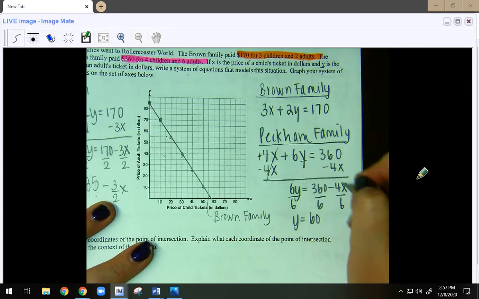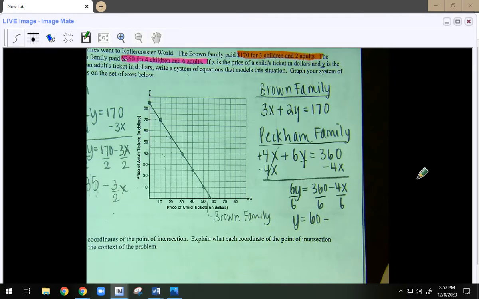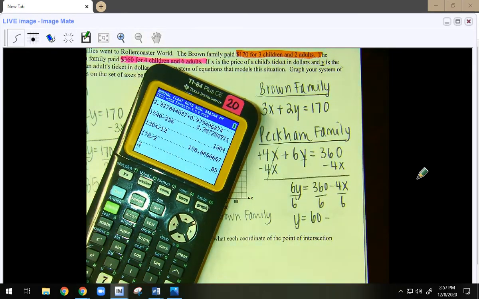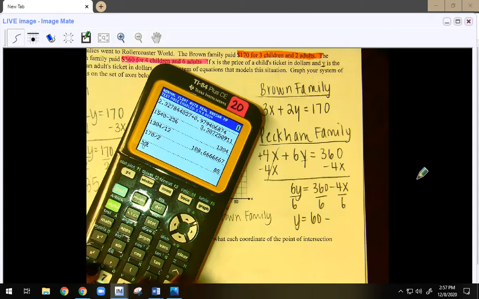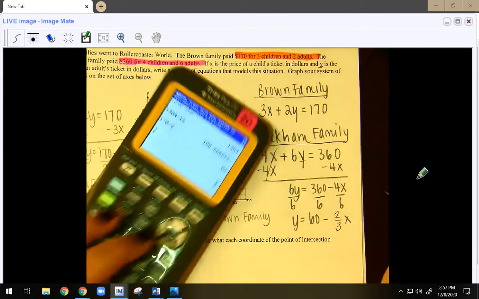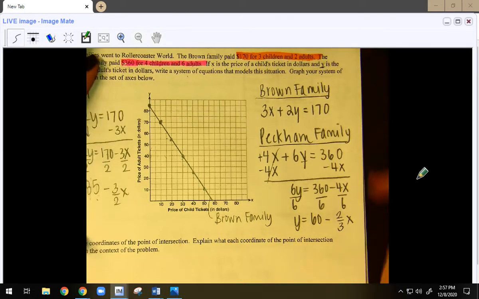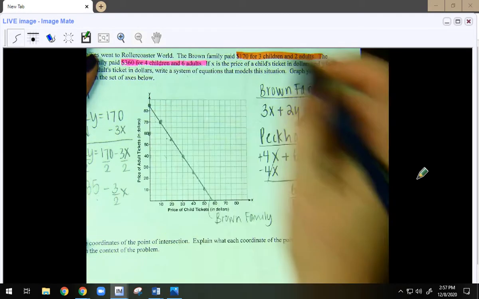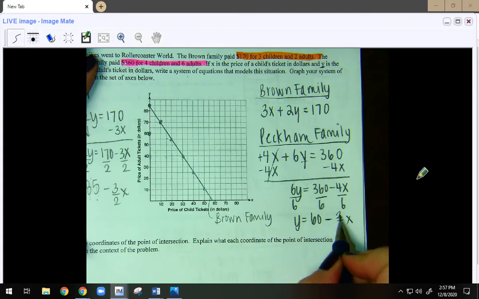And this right here, I'm going to simplify down. If you put it in your calculator, it'd tell you the easiest way to do it. So I would have 4 over 6, which simplifies to 2 over 3x. Okay, so that means I start when y is 60. So I go to 60 on the y-axis, and it says move down 2 boxes to the right 3.